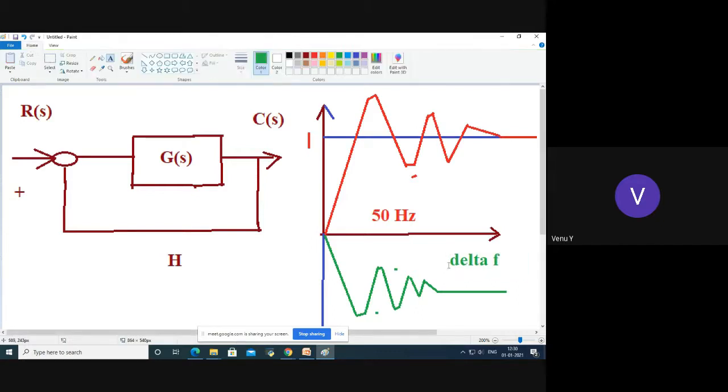So this is delta f, change in frequency, on the negative side. That means the reference frequency is 50, it may be approximately 49.5. This is the steady state error, delta f. Okay.